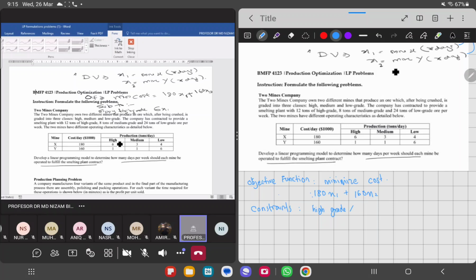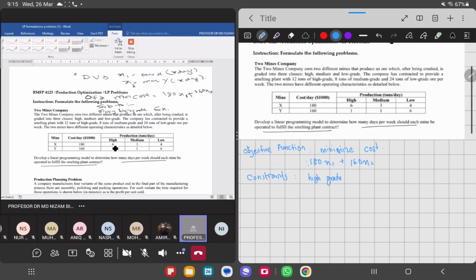6x1, because for high grade, for mine x1, they can produce 6 tons a day, right? For mine y, it can produce 1 ton a day only. So the tonnage of high grade ore can be calculated with 6x1 plus 1x2, right?